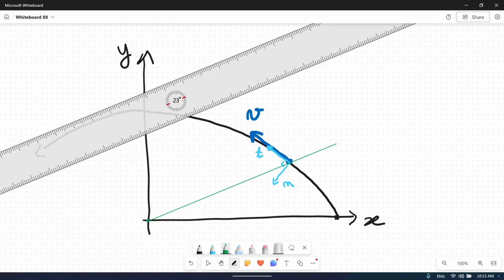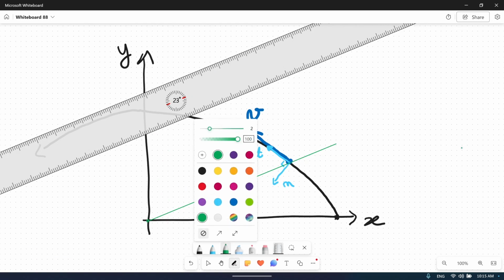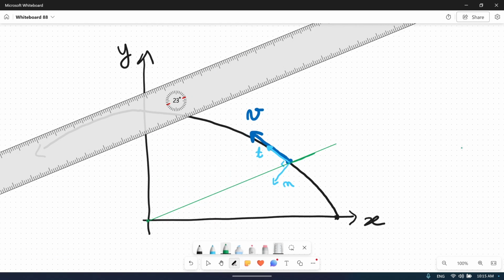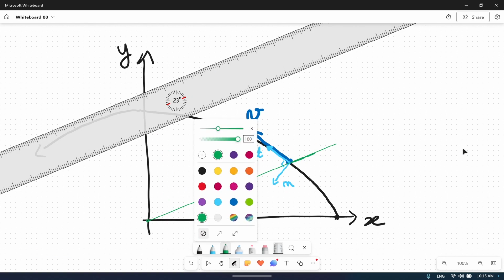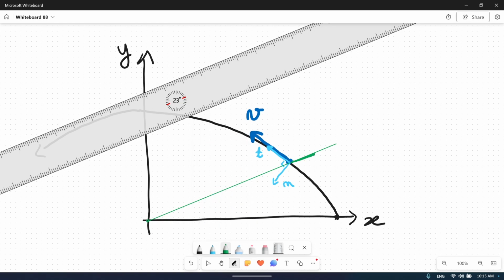Here we go, this one. So r will be this one. Let me make it a little bit bigger so we can see it. This is the r axis, and the theta axis is always perpendicular to r, going in the positive direction, meaning from r to theta you have a plus 90-degree angle, in that direction.